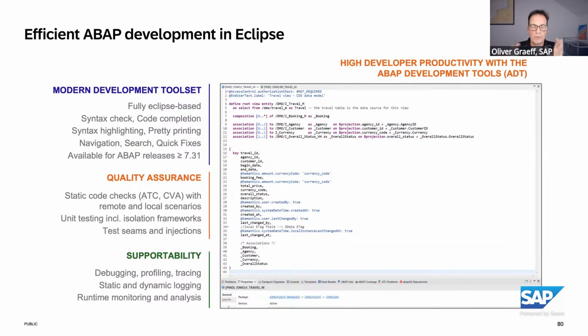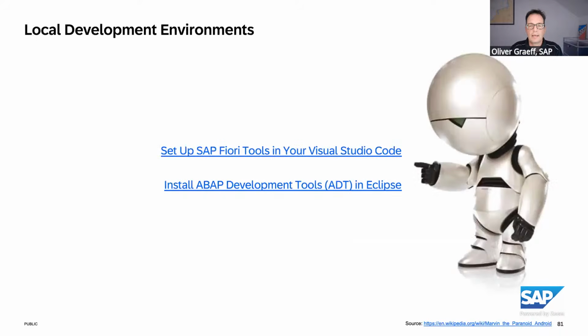And you have tons of tools to develop ABAP or develop ABAP Cloud, meaning this, let's say, I'm not sure if subset is the right word, but a restricted version of ABAP, which is cloud ready, and tons of tools to support that. And again, Marvin has two links with tutorials to install that in case you're interested.